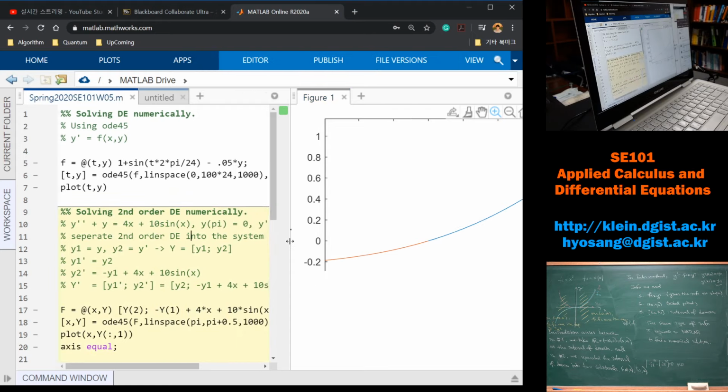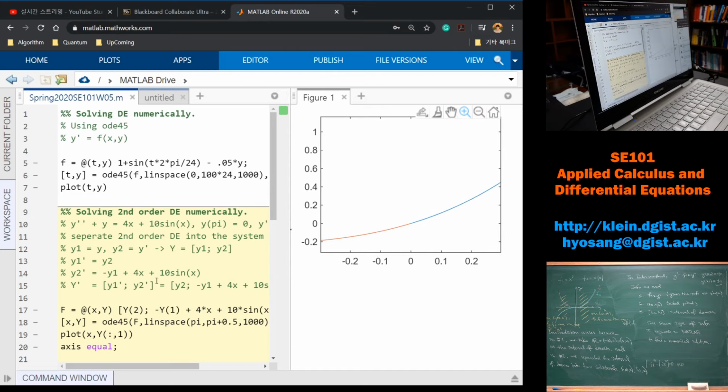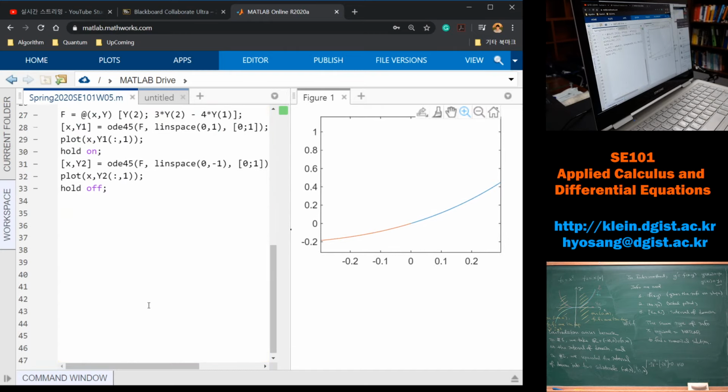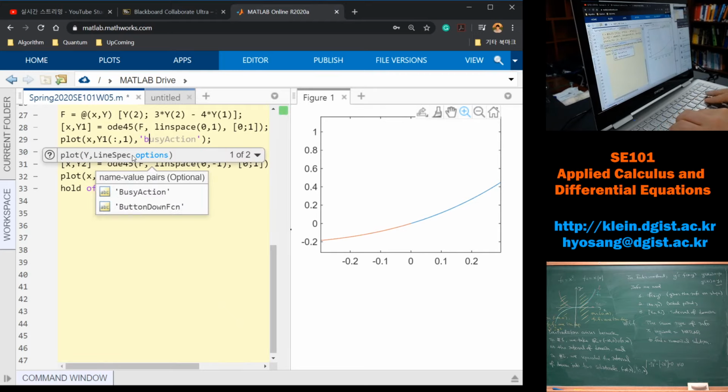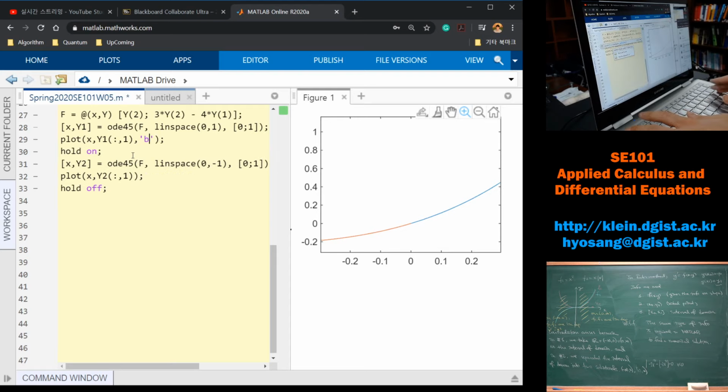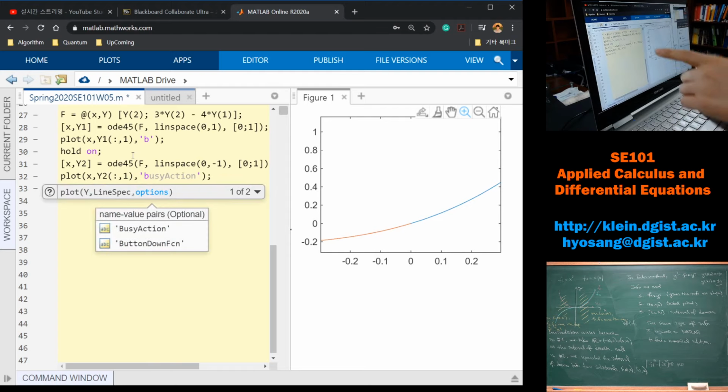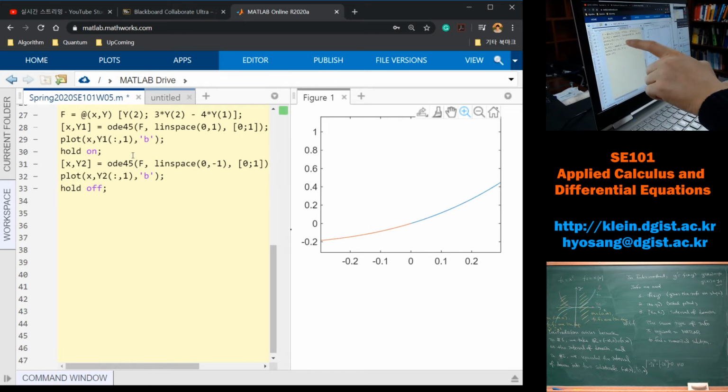Okay. So if you don't want this separated color, you can give a color option. Let's say I want my first figure to be colored in blue. Just put the option, single parenthesis, a single quote, B, and B stands for blue.